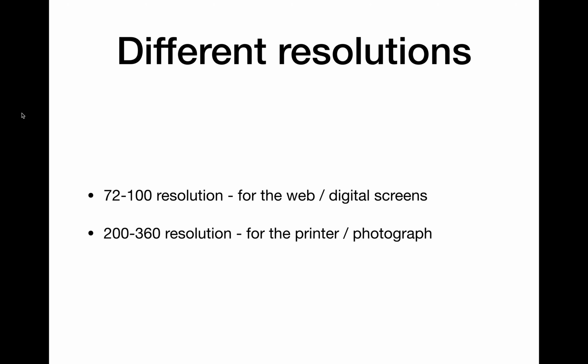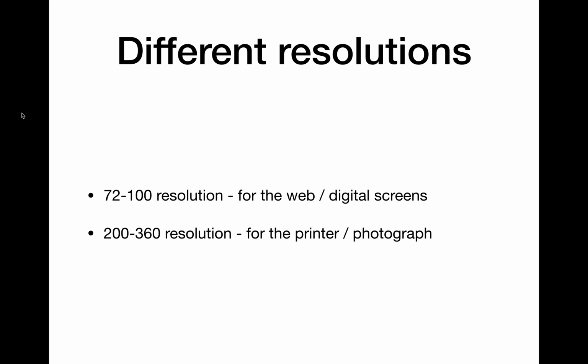So you're going to be changing resolution in terms of the context of the image. So if you want to make an image and put it on a website or share it on Instagram or do anything that you want to do with it for digital screens, 72 to 100 resolution is what you need.